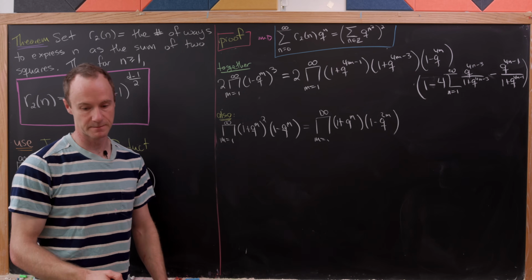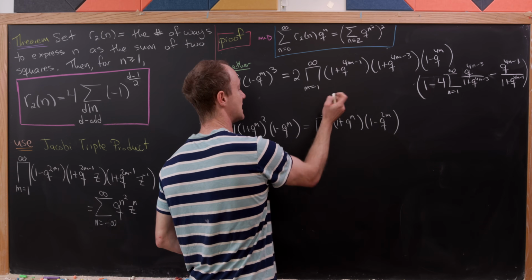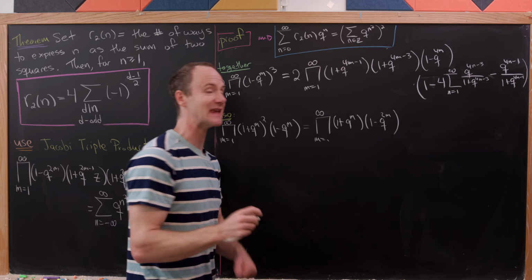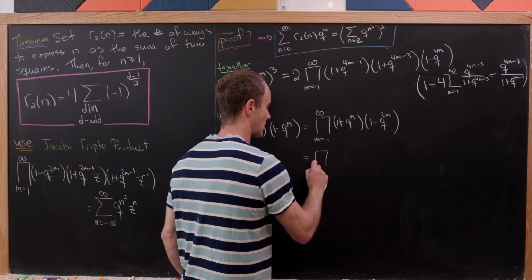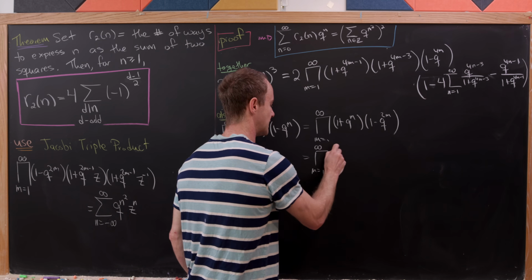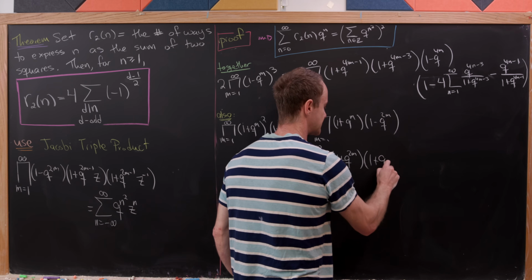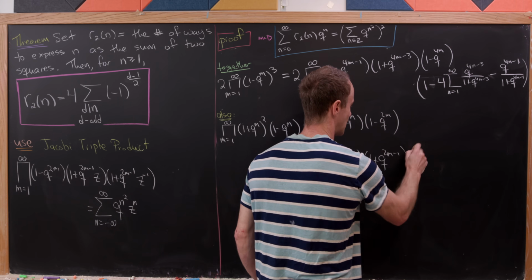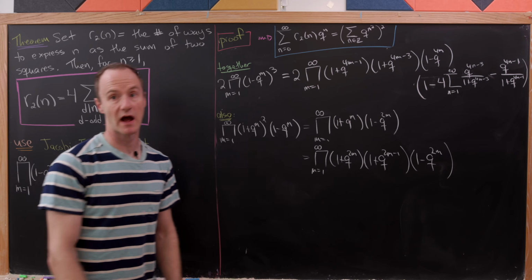Okay, nice. Then after that, we can take this 1 plus q to the m and split it into even and odd parts. So that's going to give us this product as m goes from 1 to infinity of 1 plus q to the 2m, and then 1 plus q to the 2m minus 1, and then we've got this 1 minus q to the 2m still floating around there.